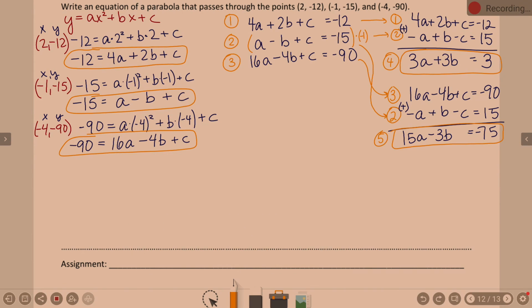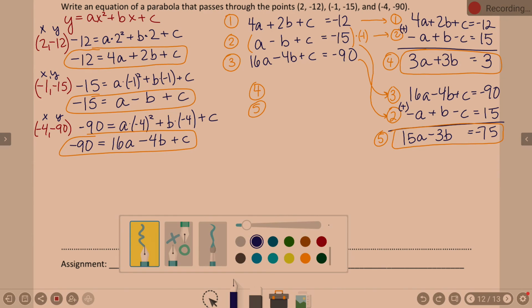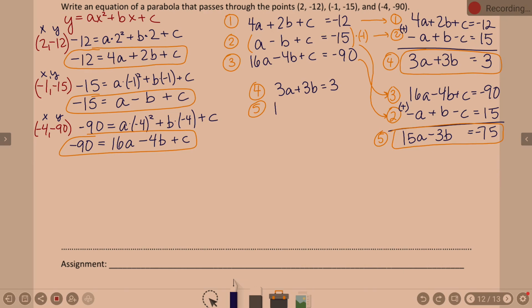Okay, so let's put 4 and 5 together and work the magic. 4 is 3a plus 3b equals 3. 5 is 15a minus 3b equals negative 75. Okay, glad you said something, Landon, because I think I would have done extra work there. There we go.